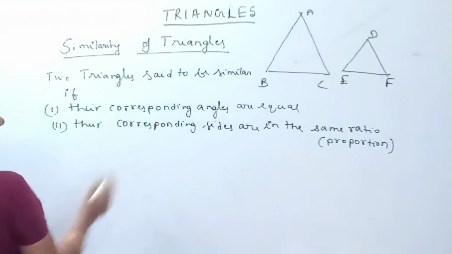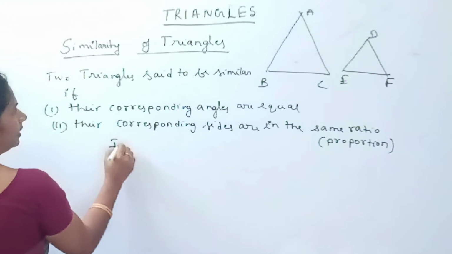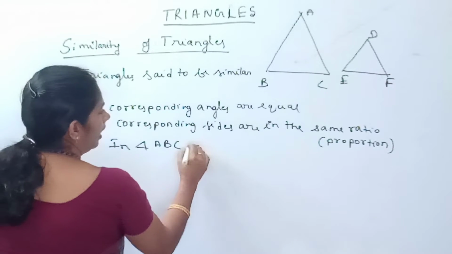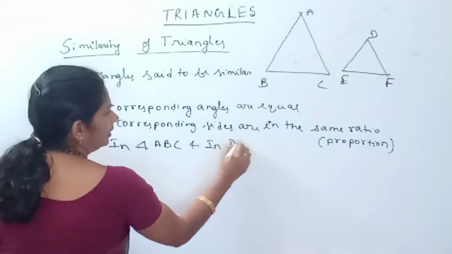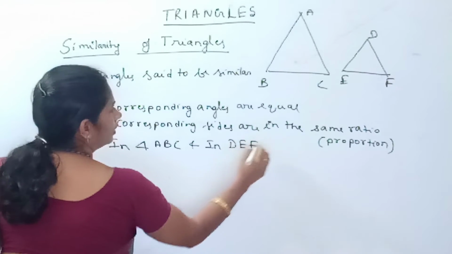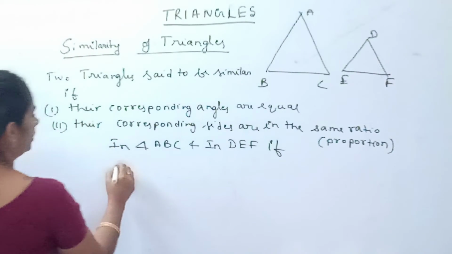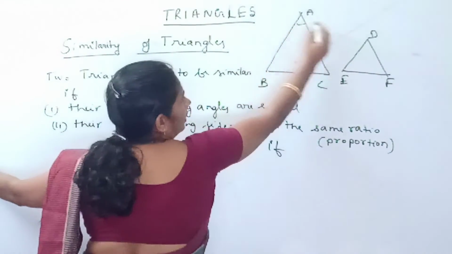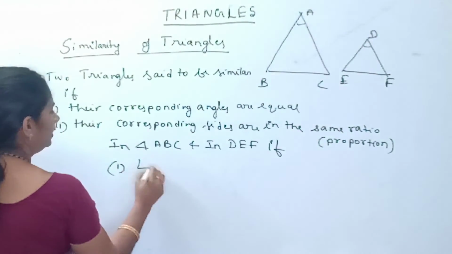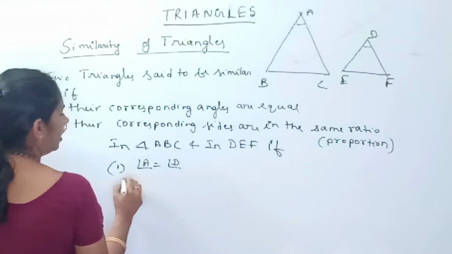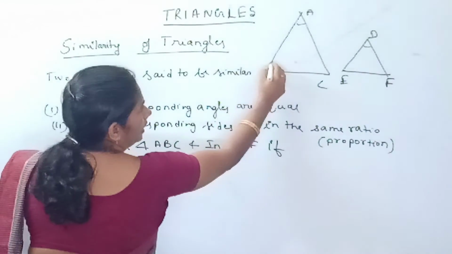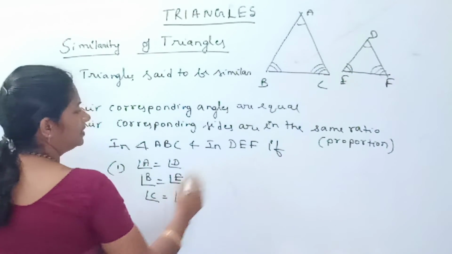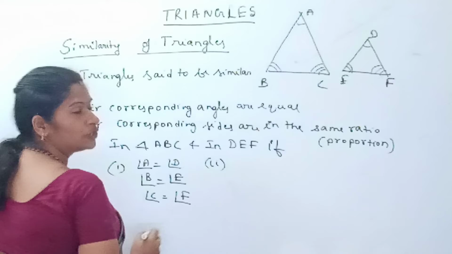Now in this example, in triangle ABC and triangle DEF, if first condition, corresponding angles are equal, angle A equal to angle D and angle B equal to angle E, and second condition, which one?